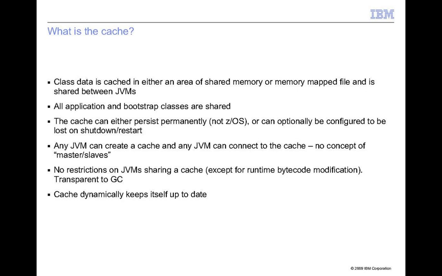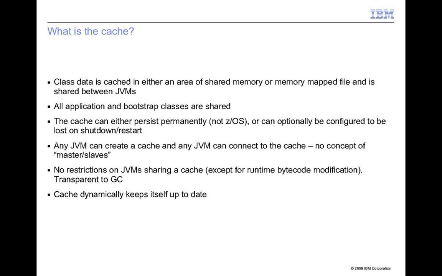The exception being if there's some sort of runtime bytecode modification going on, perhaps via a JVM TI agent, where there's special considerations there, which you can read more about in the documentation. And it's important to realize that the whole feature is transparent to GC, so things like dynamic class unloading all still work as you would expect.